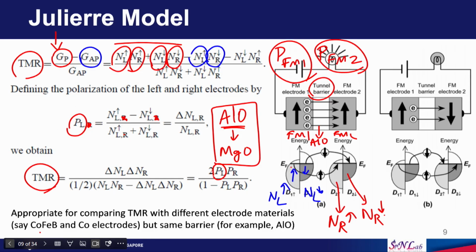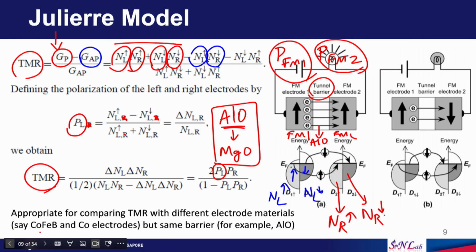Polarization is basically the density of states of the majority electrons minus the density of states of the minority electrons, divided by the total density of states. So TMR is decided only by the ferromagnetic layer.